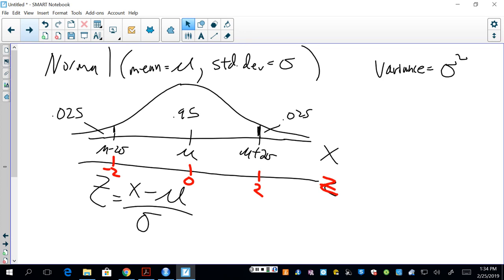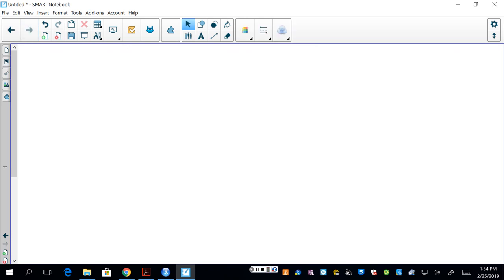I found an example in Biometry by Sokal and Rohlf.